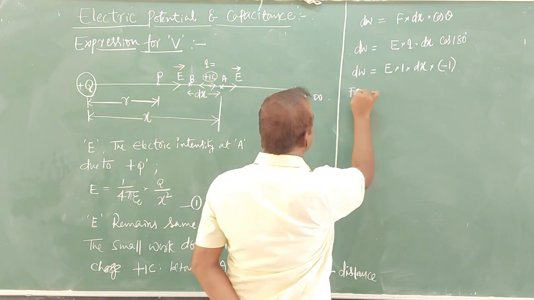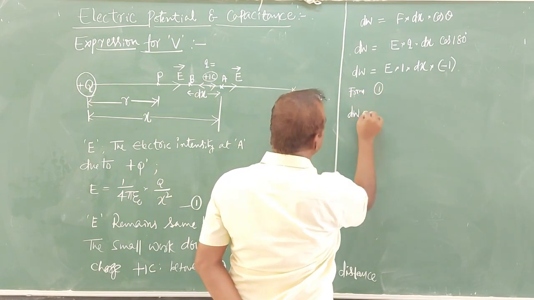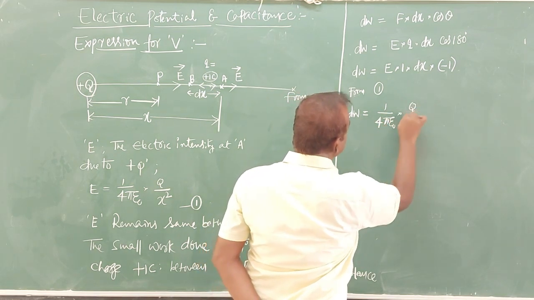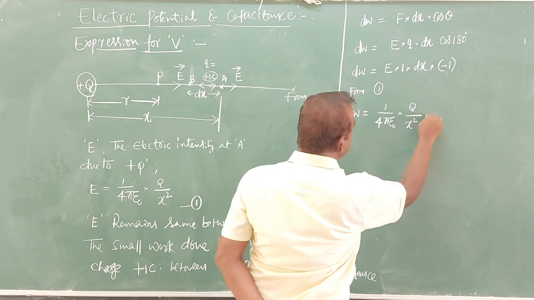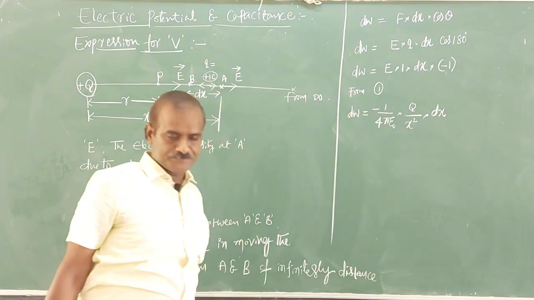From 1, we can write dW is equal to 1 by 4 pi epsilon naught, Q divided by x square into dx, of course with a minus sign. Look at the minus sign.